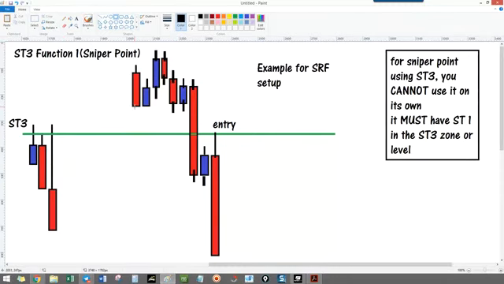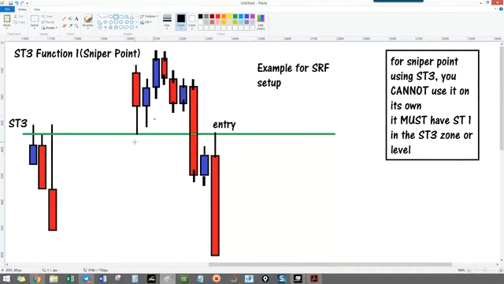So, for example, you have this ST1 like this. This is ST1, or you can also have something like this, one, two.